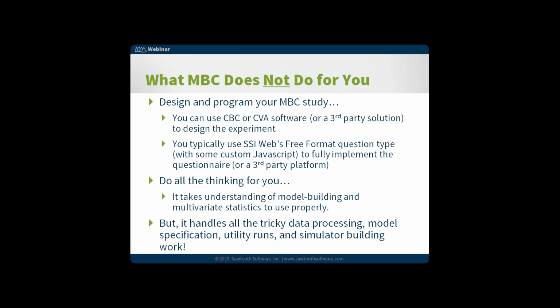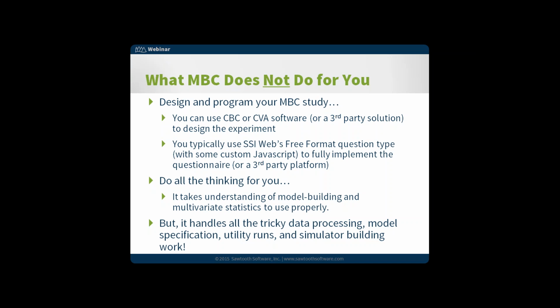So you can use standard CBC or Sawtooth Software's CVA software for traditional ratings-based conjoint designs, or any sort of third-party solution like JMP, etc. SAS has beautiful designers in both of those products as well to design your experiment. So you just use the typical principles you've already learned, and then you can use, for example, SSI Web's free format question type to construct and field these menu-based choice questionnaires.